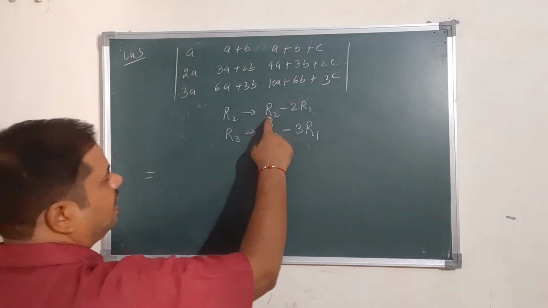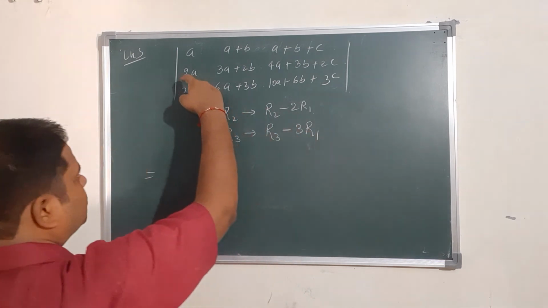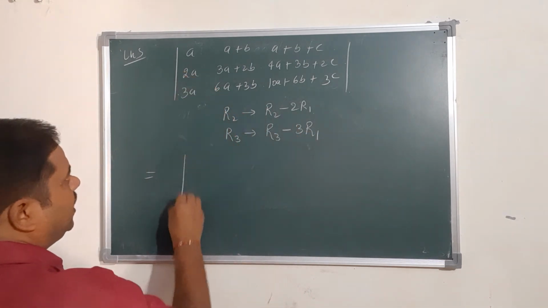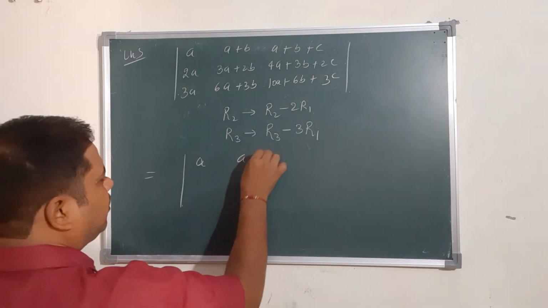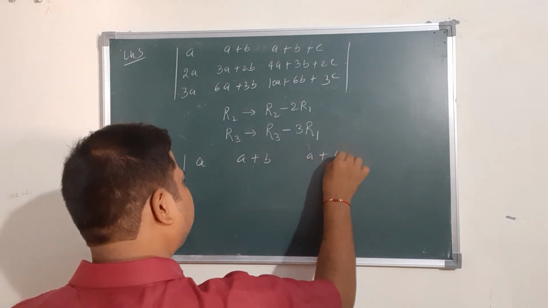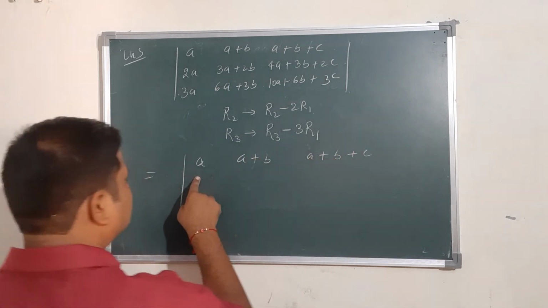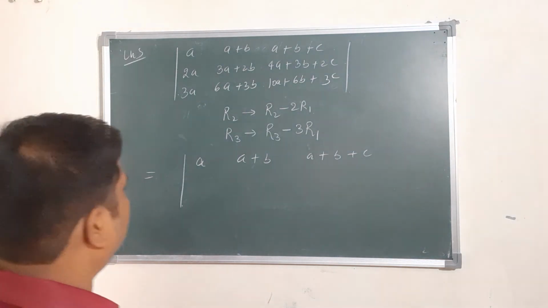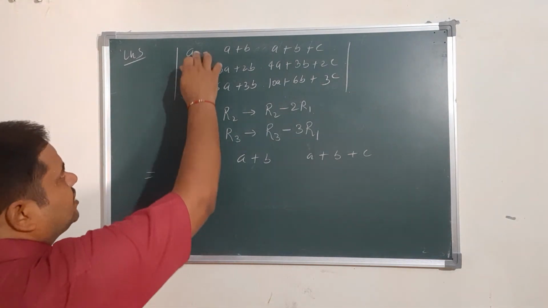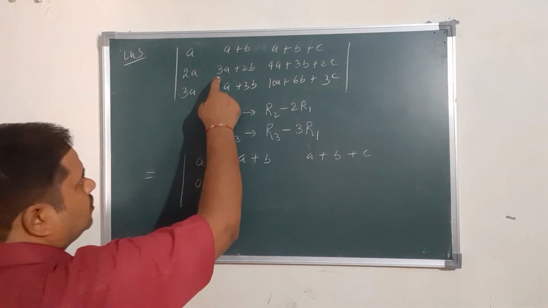At the place of R2, R2 minus 2R1: first write the first term A plus B plus C, but 2A minus 2A should be 0.